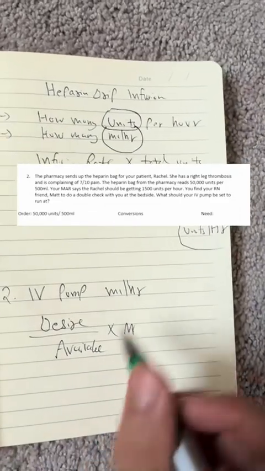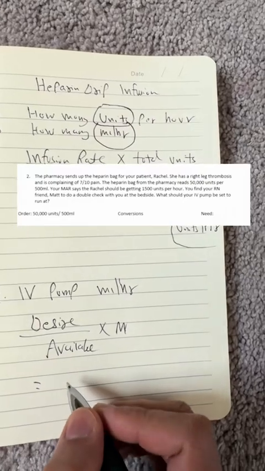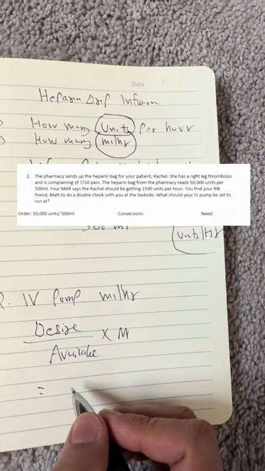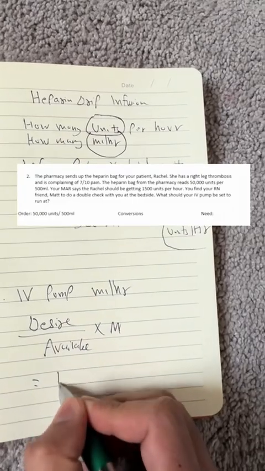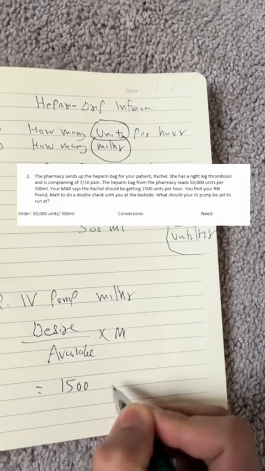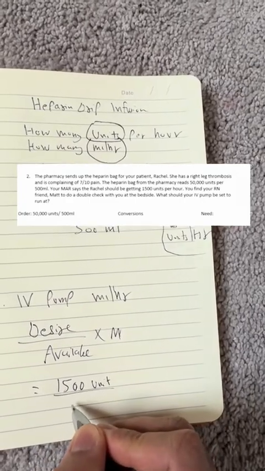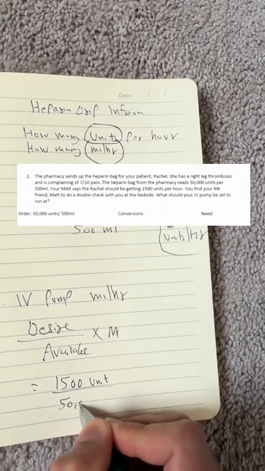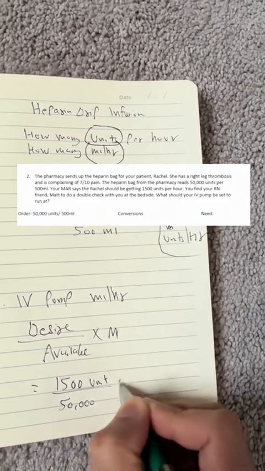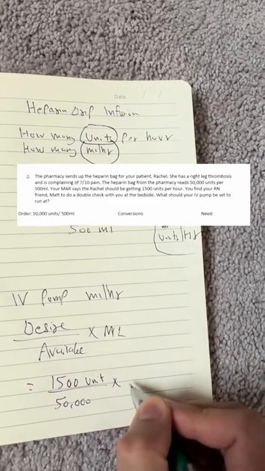This is a different formula than the other one. The desire is, as you can see, Rachel should be getting 1500 units per hour. Available on hand is, the pharmacy rates 50,000 units, multiplied by ml, which is a total of 500 ml.